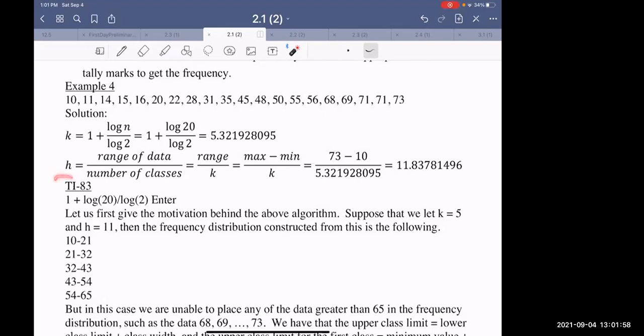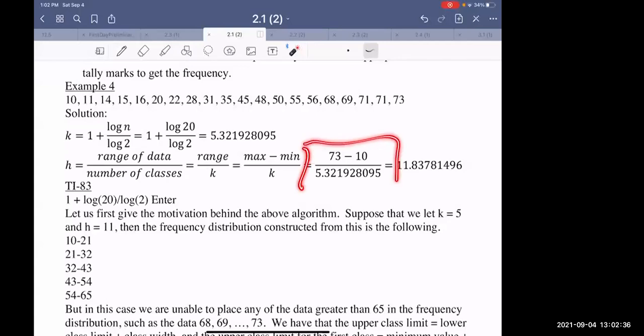So H here is, well, let's see. Let me say that, how do we do this? So we figure out the range. What is the range in this case? Well, we go from 10 to 73. So the range is 73 minus 10, and I divide this by the number of classes, 5.321928095.